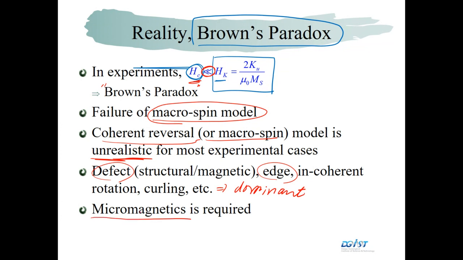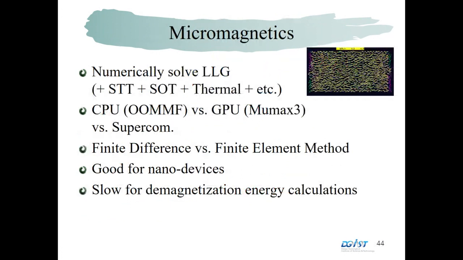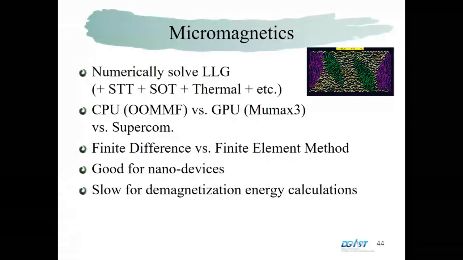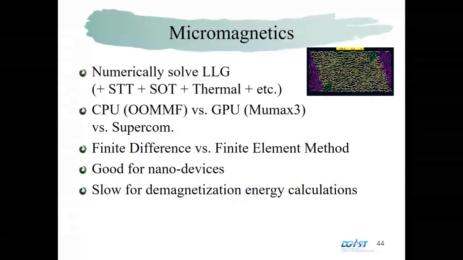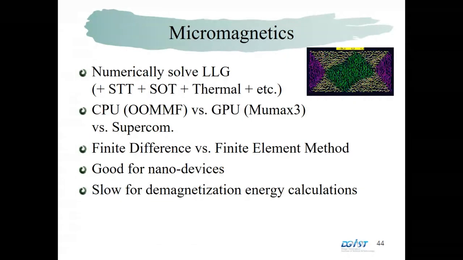So that's why we need micromagnetic calculation. We perform the micromagnetic calculation in many cases to obtain the behavior of the magnetic moment. Yeah, but this is a little bit too much for this introduction course. But I want to show some examples. This small arrow implies the direction of the magnetic moment of each small cell, and as you see, the direction of the magnetic moment is not the same for all points.